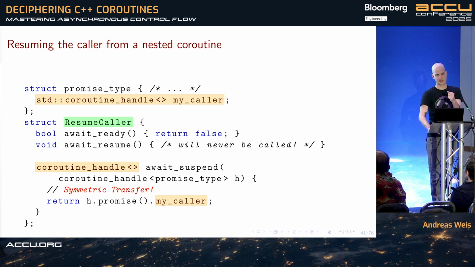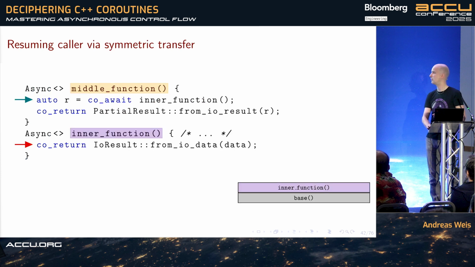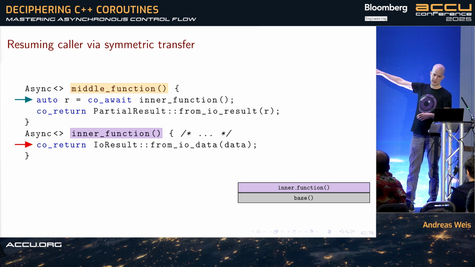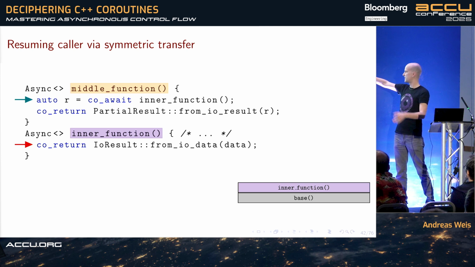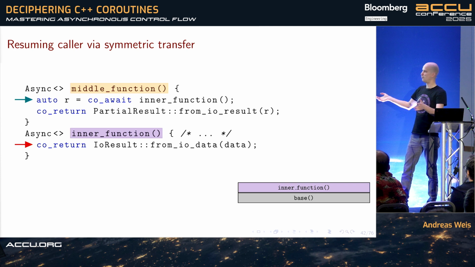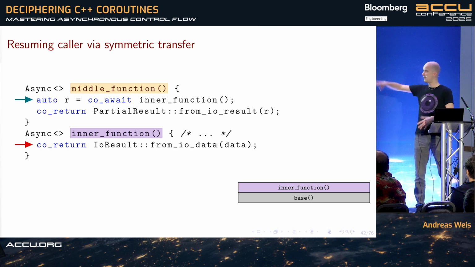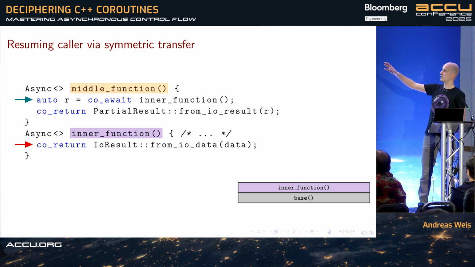And since that is a little bit confusing, we will look at that in a bit more detail, what exactly is going on here. So down here we have the call stack, as it would look in a debugger. There's some base function, like whoever resumed the inner function. We don't care about that guy. So we're now in the inner function, and the inner function is done. It wants to return.